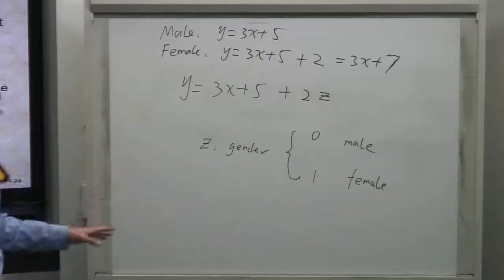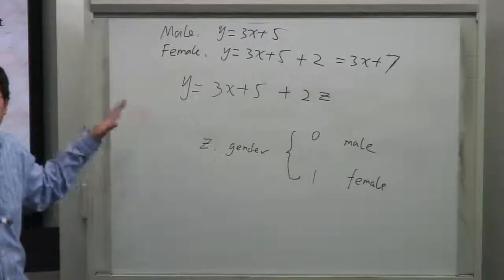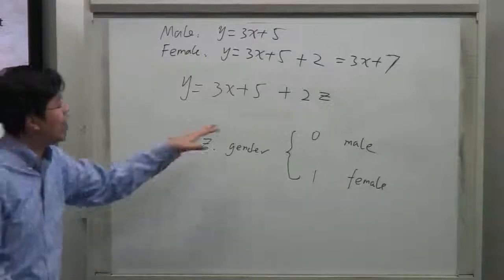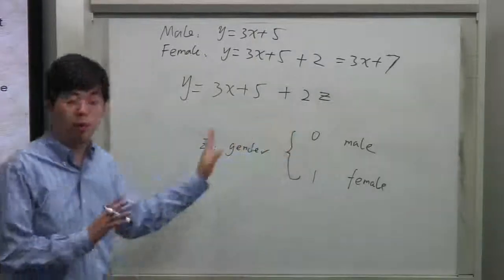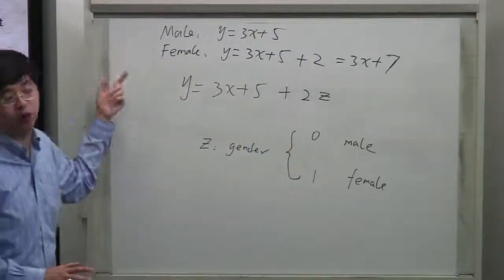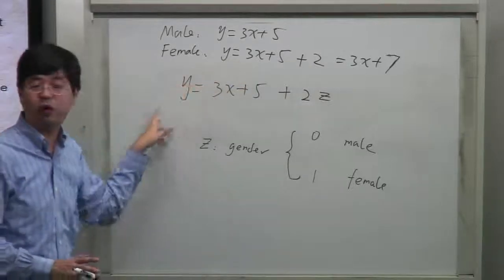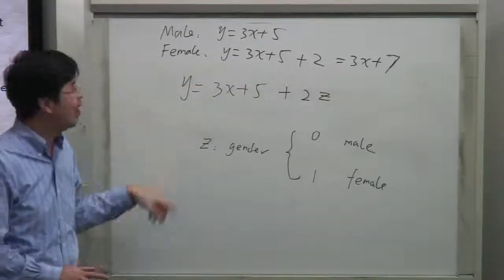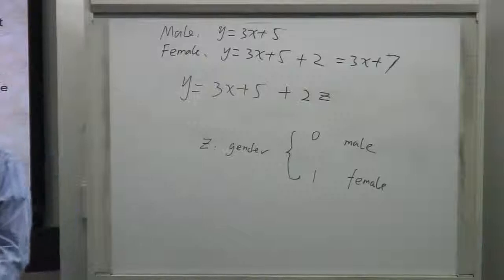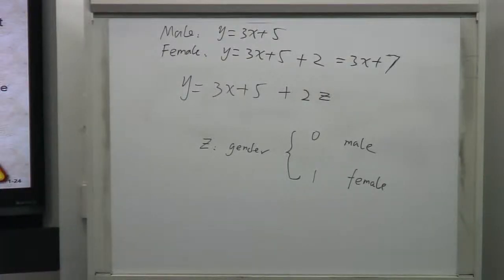But what I want to say is that sometimes, like this simple example, male, female, we can add this variable into our model, and in fact it becomes two models. But for most situations, qualitative information is hard or sometimes impossible to implement in our mathematical model, which definitely is a big limitation.